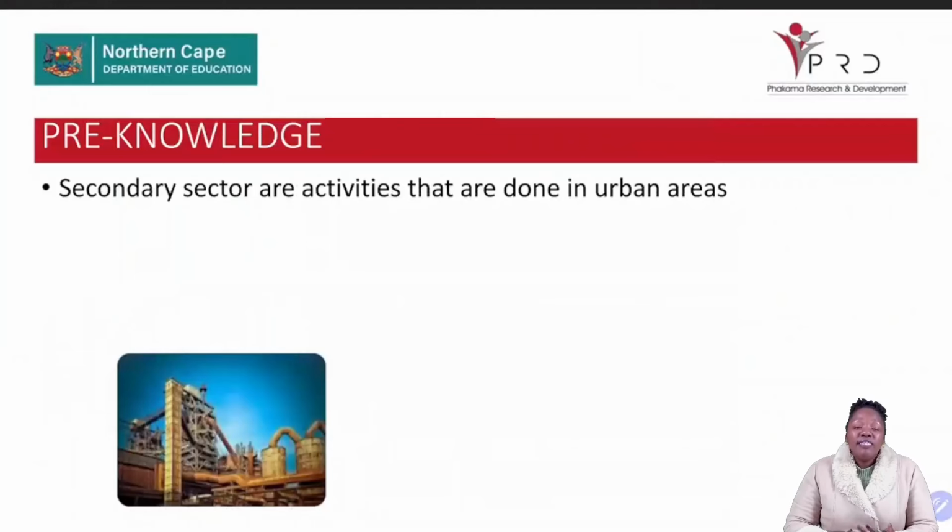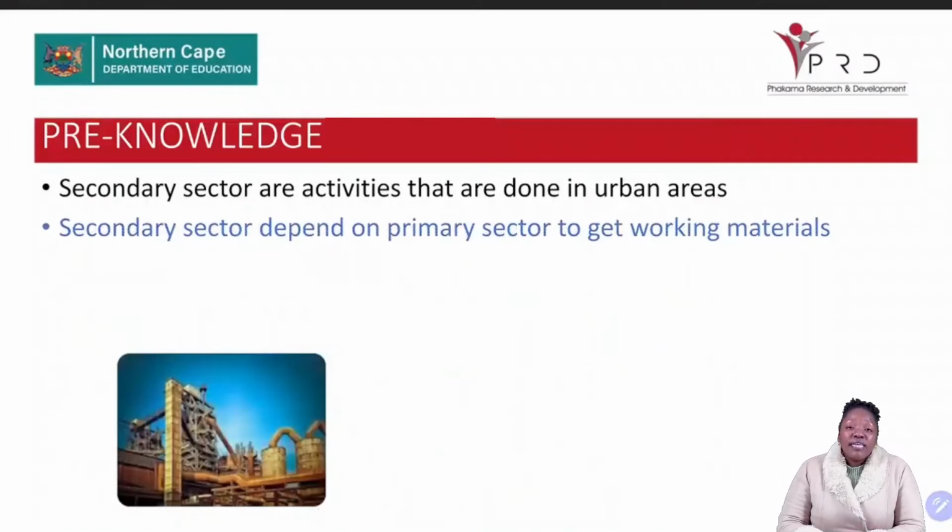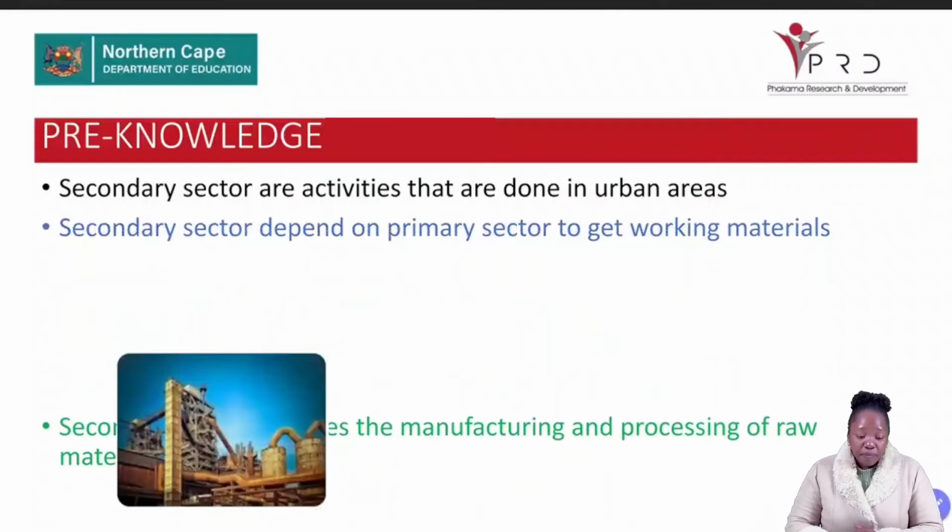So we are saying the secondary sector are the activities that are done in the urban areas. And secondly, the secondary sector depends on the primary sector to get the working material, which means without that raw material from the primary sector, the secondary sector won't be able to have work.